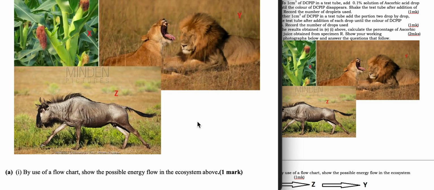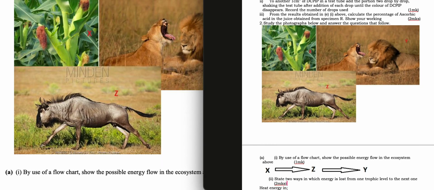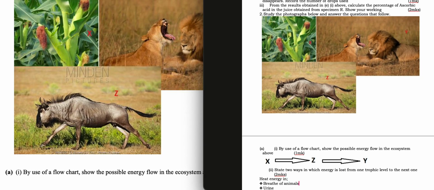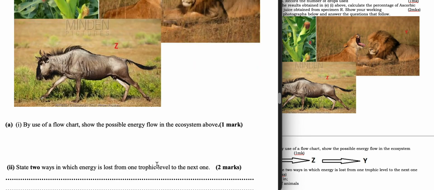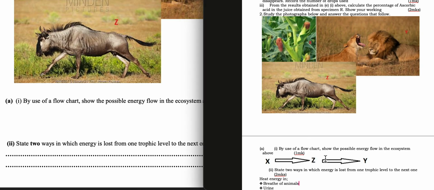By use of a flow chart, show the possible energy flow in the ecosystem above. So we have X goes to Z and then Z to Y. Question A2. State 2 ways in which energy is lost from one trophic level to the next.